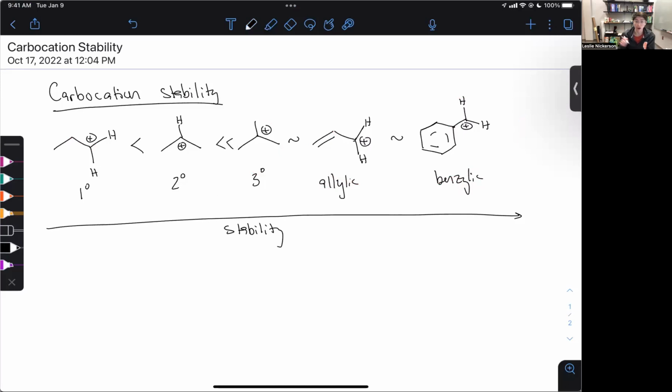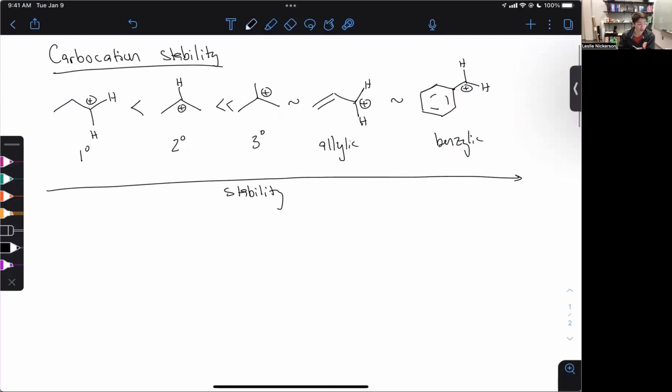There are really two factors that stabilize carbocations, as we can see here. They're split into two sections, where one of these things is not like the other.